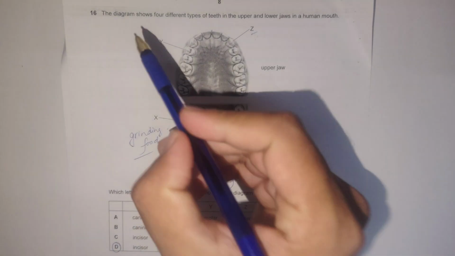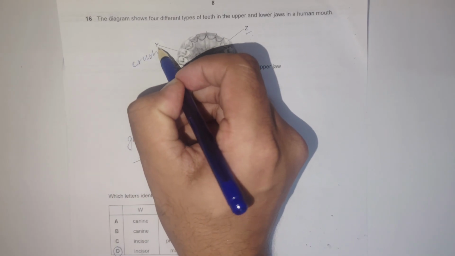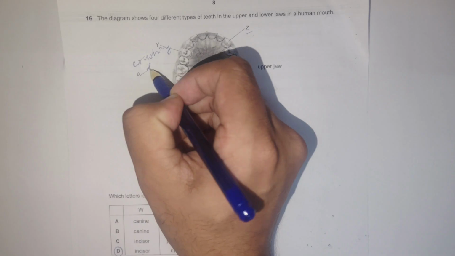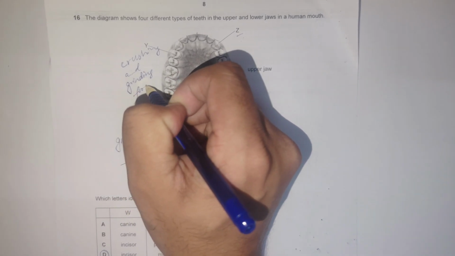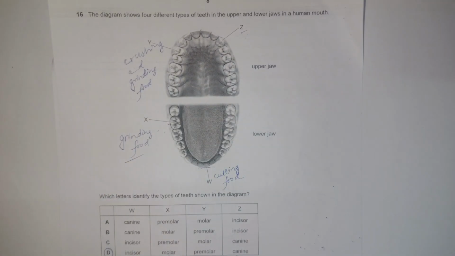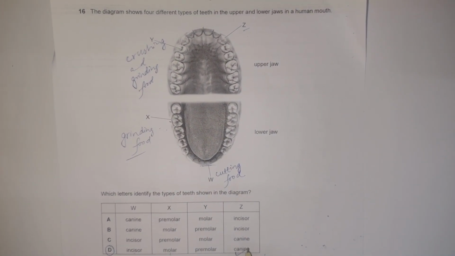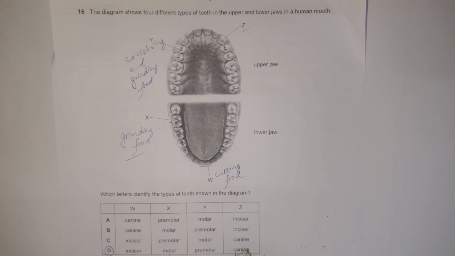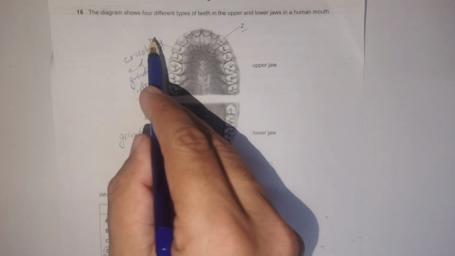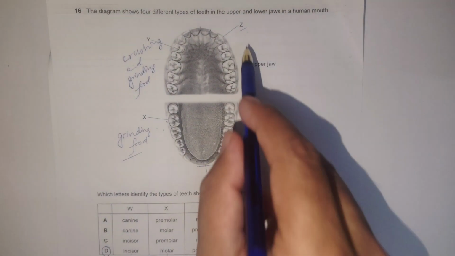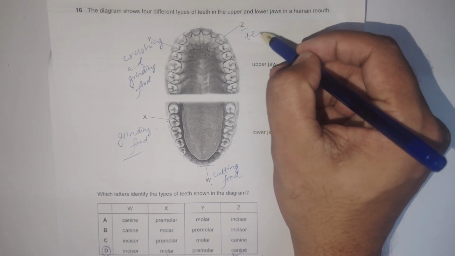They are used for crushing and grinding food. And the last one, Z points to the pointed teeth located between incisors and premolars. All right, they are used for tearing food.